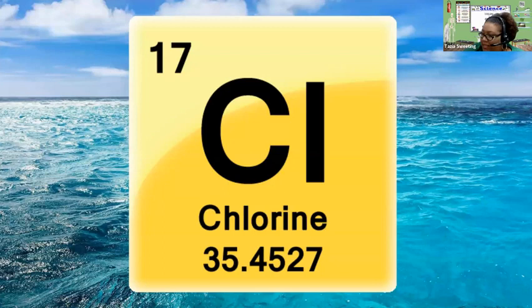35.4527. Now we can look at this, and if y'all aren't comfortable with dealing with so many numbers like this, if you are good with math, you can round it off. So how do you round? Well, you look at the very first number after the decimal place, which is the 4. If this number here is 5 or more, then this 35 goes up to the next whole number, which is 36.